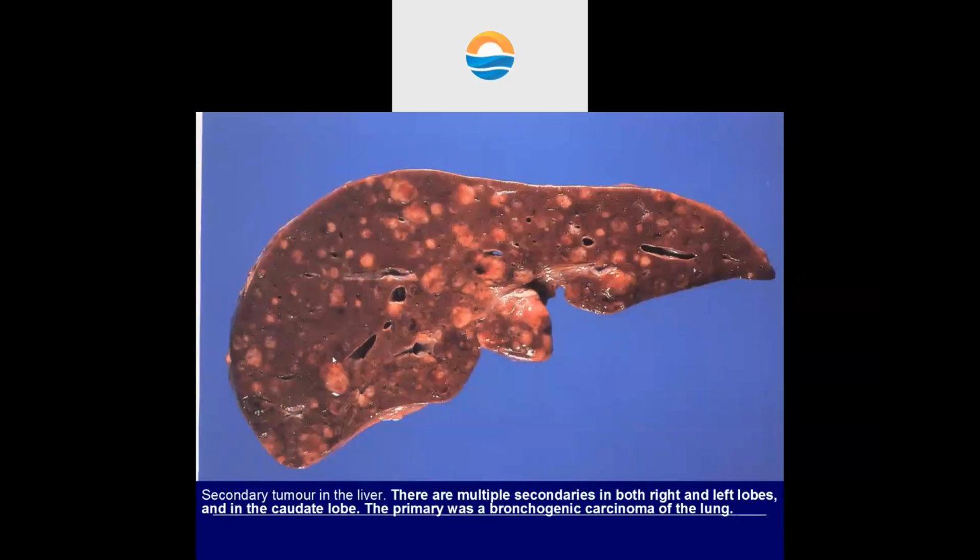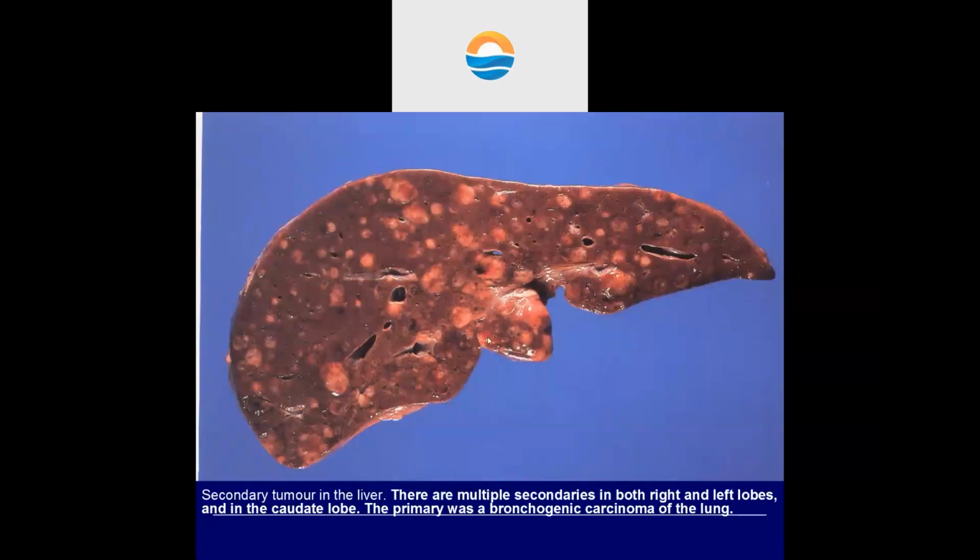Here you see the picture of secondary carcinoma of the lung. The arrow shows you the foci of metastasis in the lung. The primary tumor in that particular case was a breast carcinoma, and then metastasis to the lung.